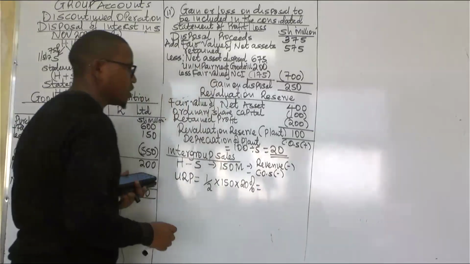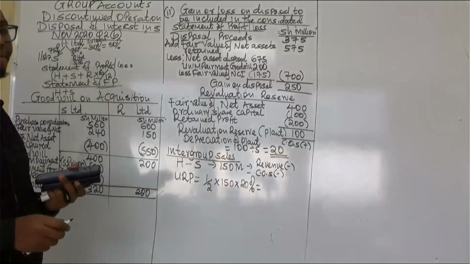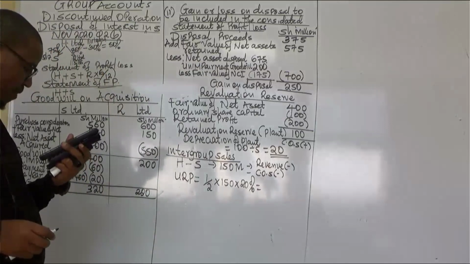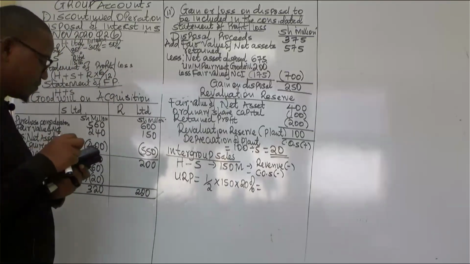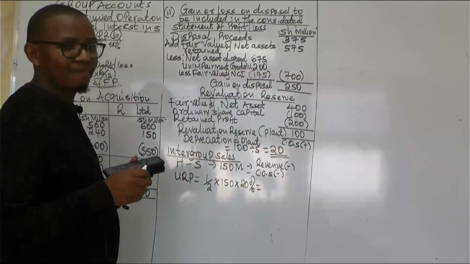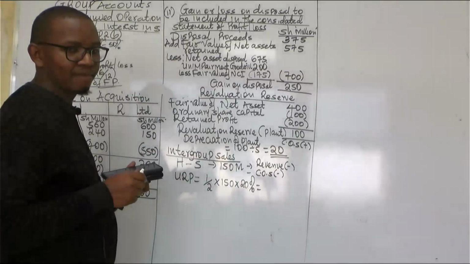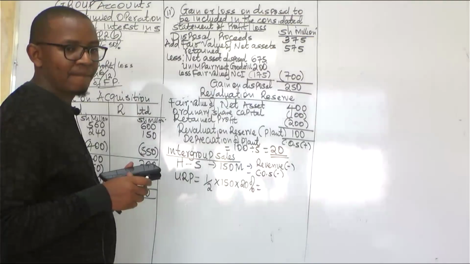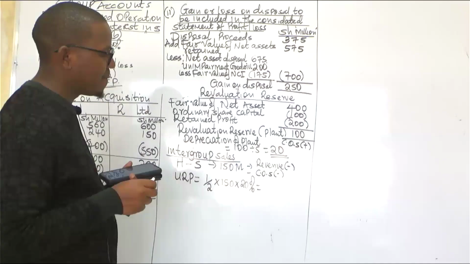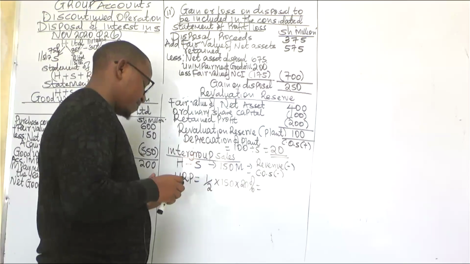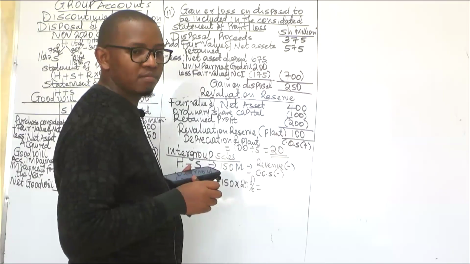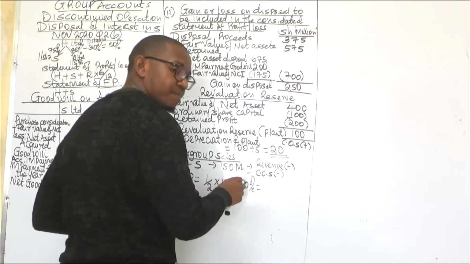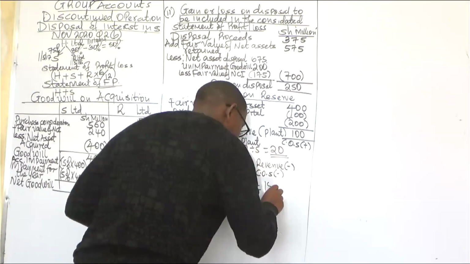So how much is it giving you? 15. That should be 15.